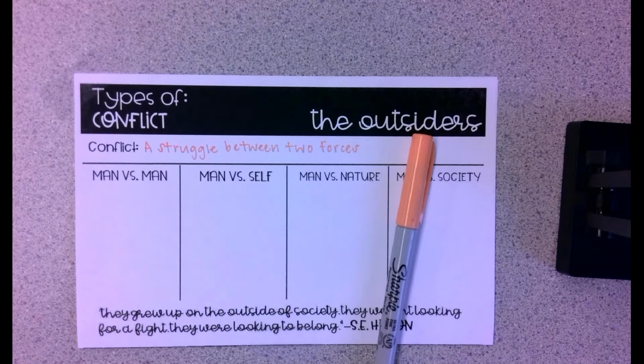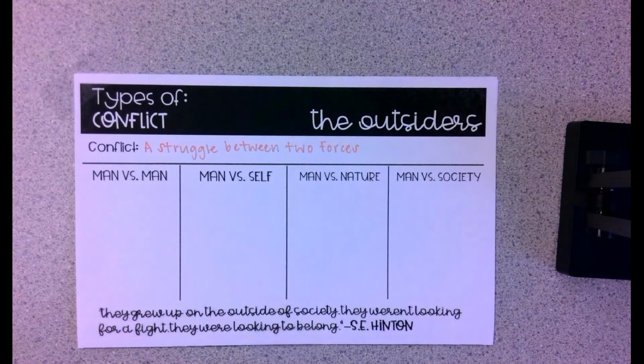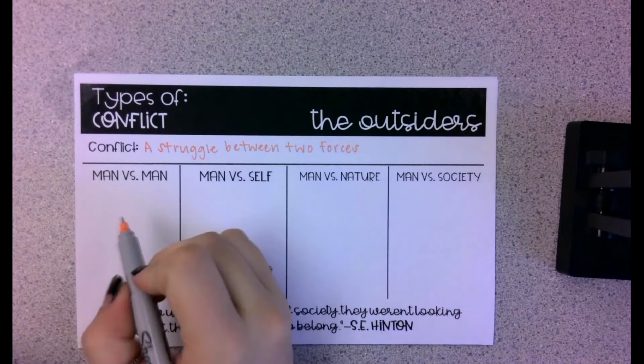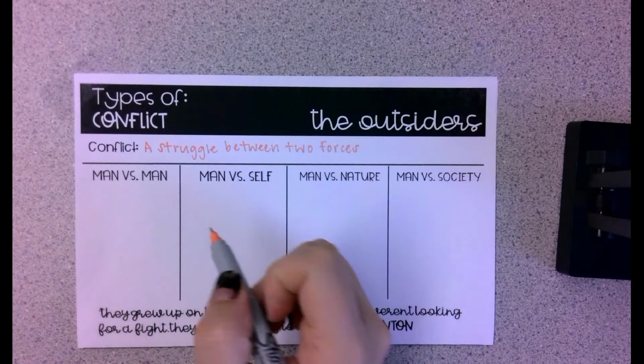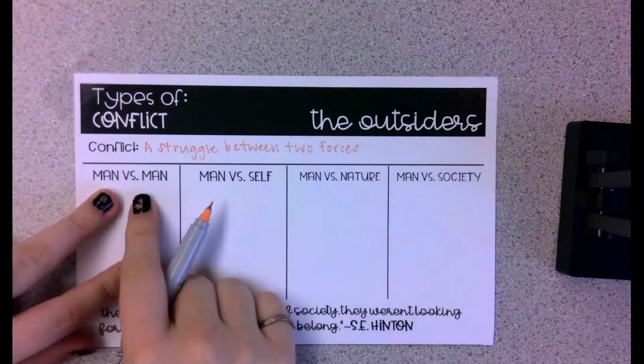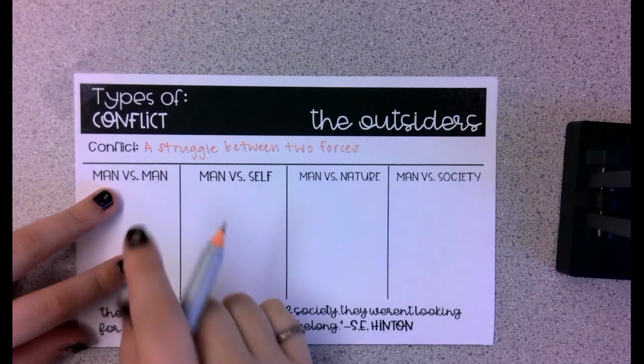All right, guys, now that you got your definition down, we're going to walk through each one. As I add things on my notes, I would like you guys to add them right along with me. The first type of conflict we're going to be talking about is man versus man. Man versus man is going to be our most common conflict.